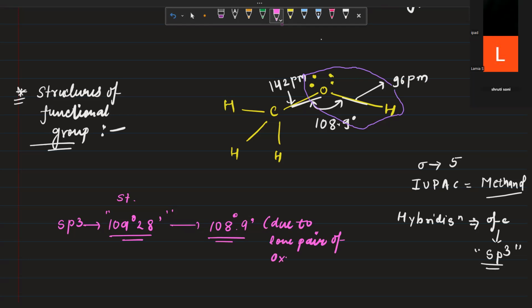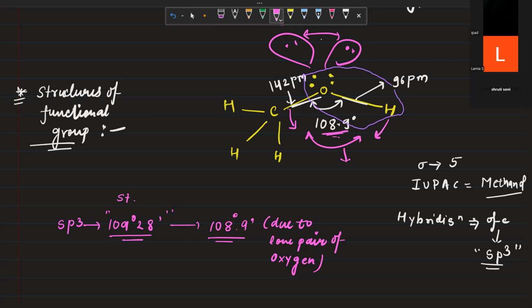Or no, I was thinking of the alkyl groups, inductive effect. It's because, see, which bond angle will decrease, and what is the reason behind this? Because of these two lone pairs. These two lone pairs will repel each other, so these bonds shift toward this side. That's why the bond angle will decrease.